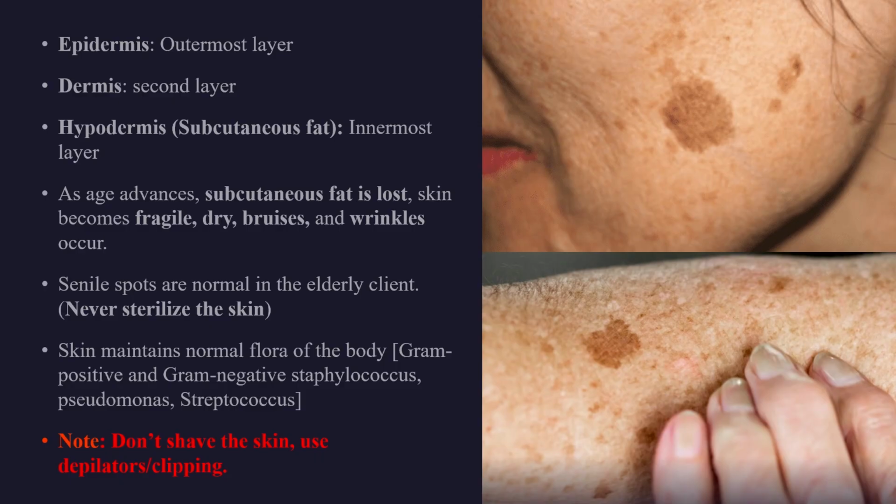The important thing you need to remember here is never sterilize the skin, as the skin maintains the normal flora of the body, that is gram positive and gram negative staphylococcus and pseudomonas bacteria. Also note down, don't shave the skin; use depilators or clipping to remove the hairs, but never shave the skin.